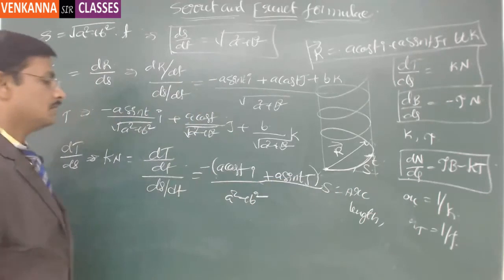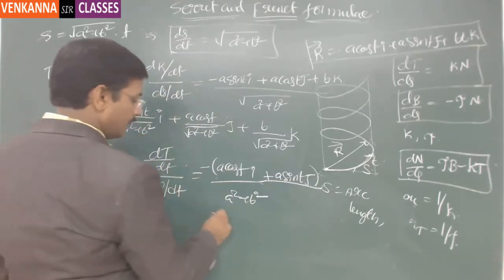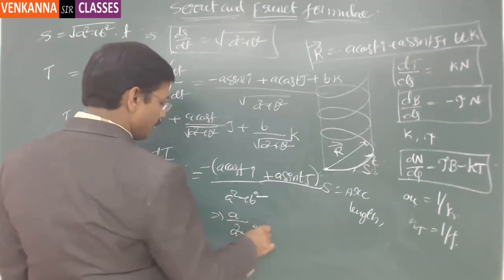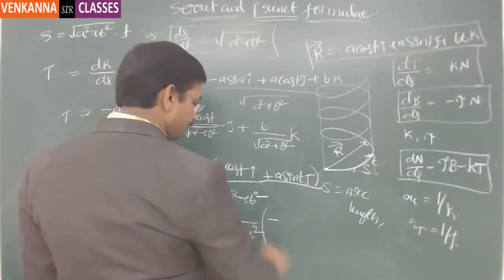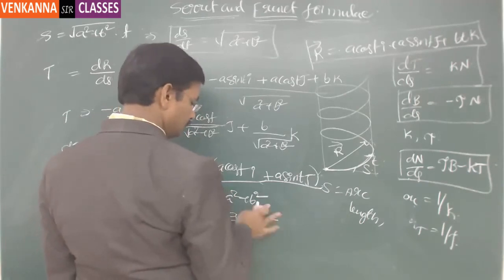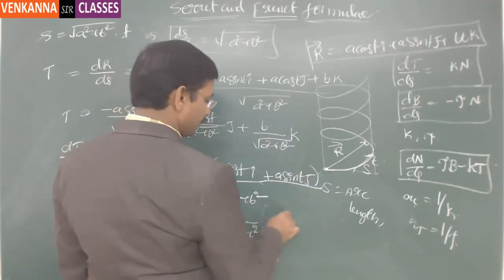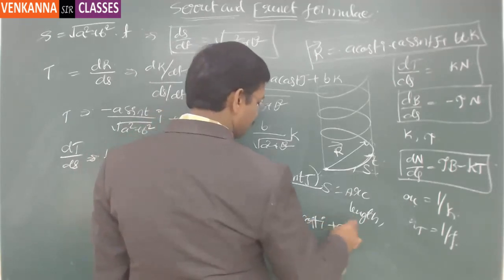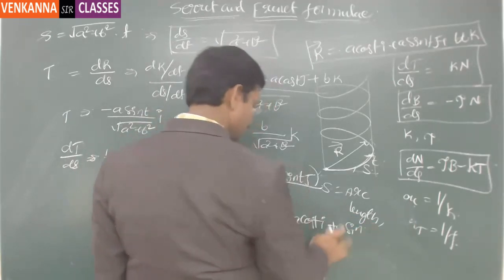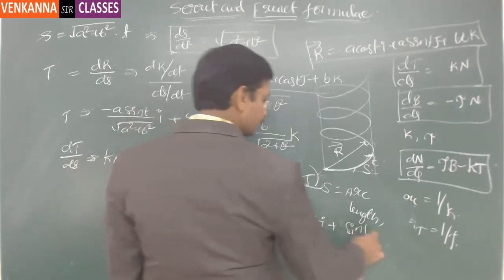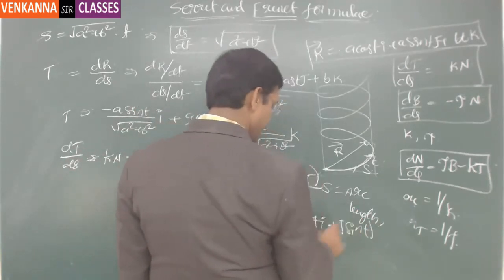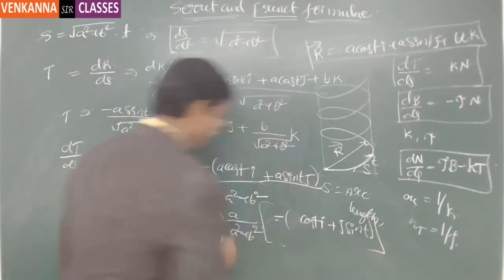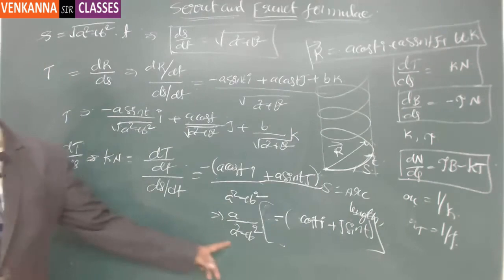So this comes out to be a by square root of a square plus b square, and then minus a cos t into i, minus a sin t into j. So a will go out, and this gets multiplied by a by a square plus b square.